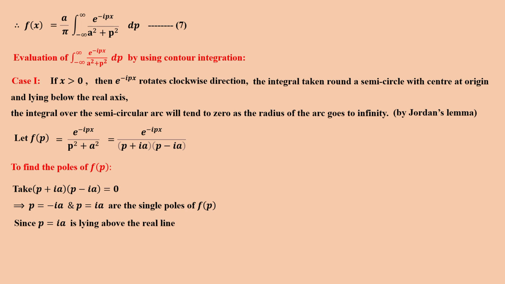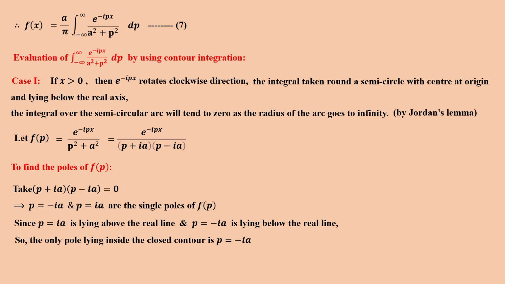Same concept we are having. P is equal to ia is definitely a positive value, so plus ia is on the upper side of the real axis, and minus ia is below the real axis, the real line.